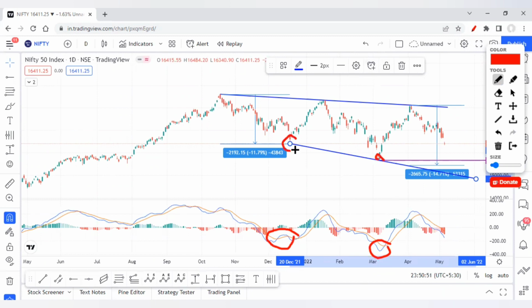So price has made a new low and MACD has made a new low, so there is no divergence here. What we expect is MACD to come down and make a divergence here, and then the price will fall. The price will make a new low like this, MACD will make a divergence, and then it will go up. And from here we are expecting a new high.